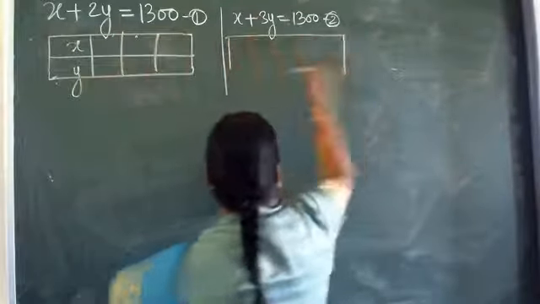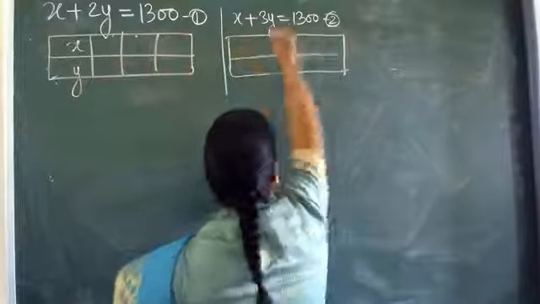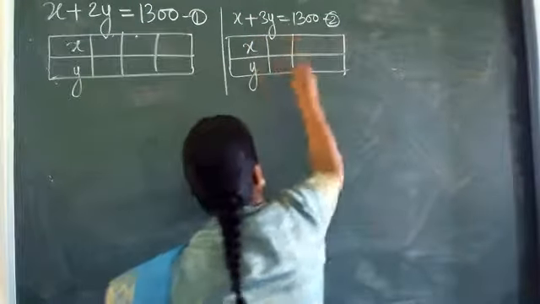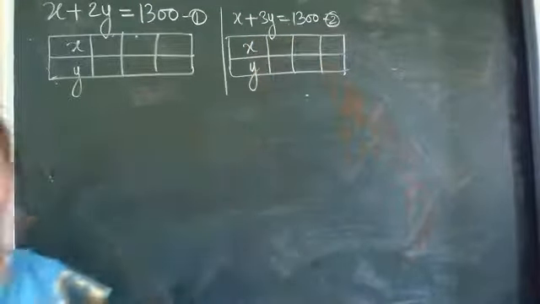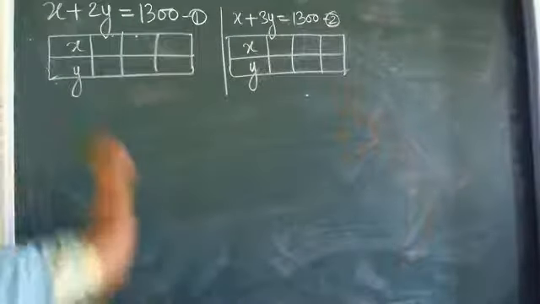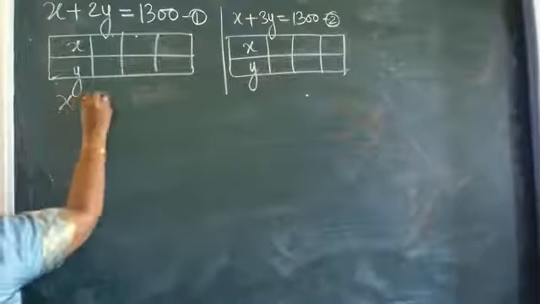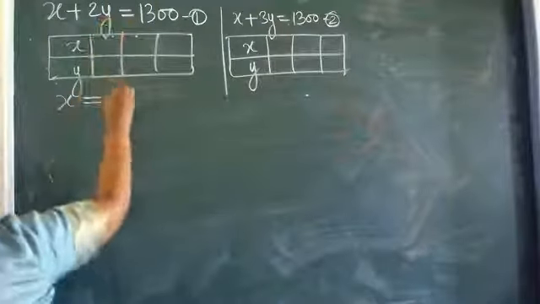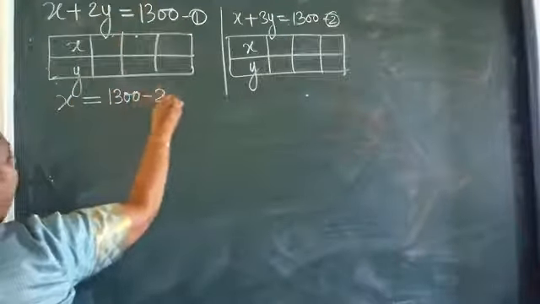For each equation, I am finding at least 3 values to plot a line on the graph. So see, x is equal to 1,300 minus 2y.